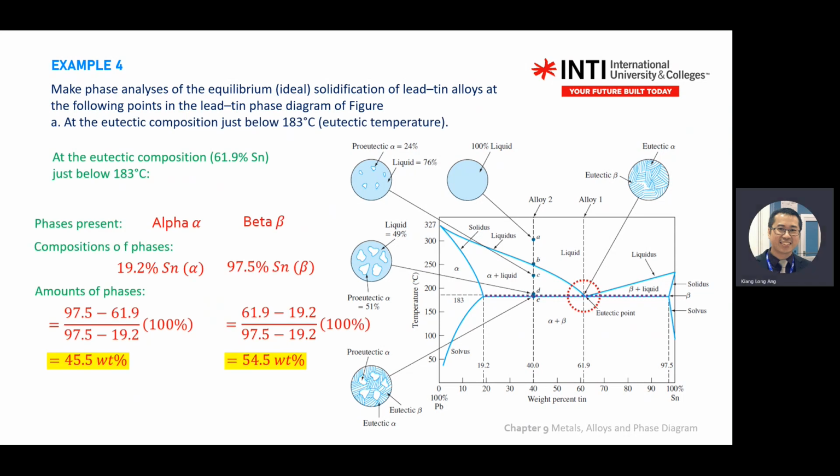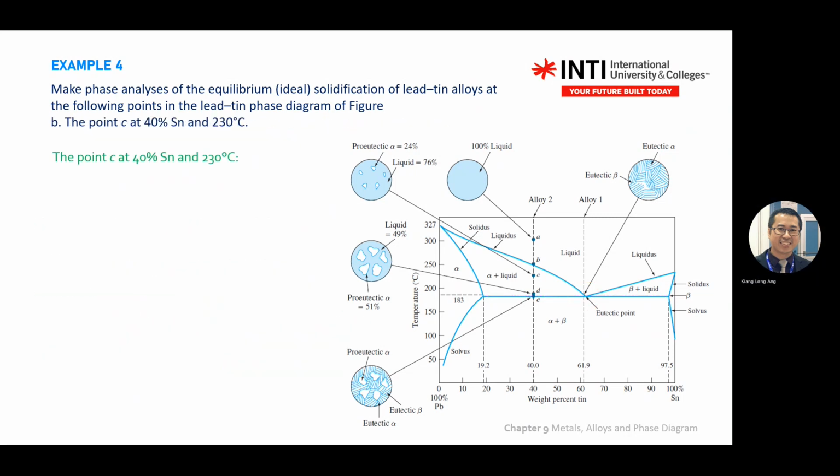When we look at the eutectic composition, just below means you are near the eutectic point, with this point here. Okay. Then point C, 230 degree C. Same procedure.